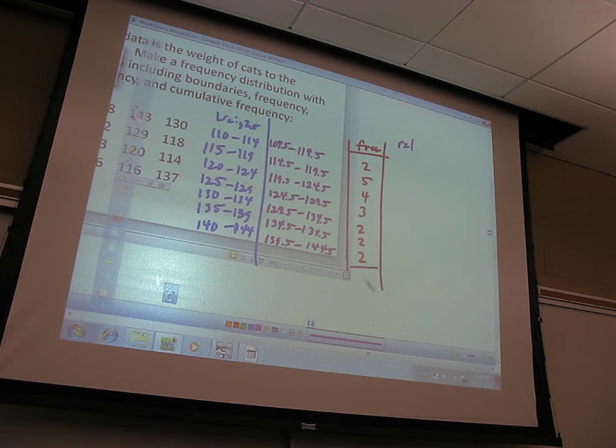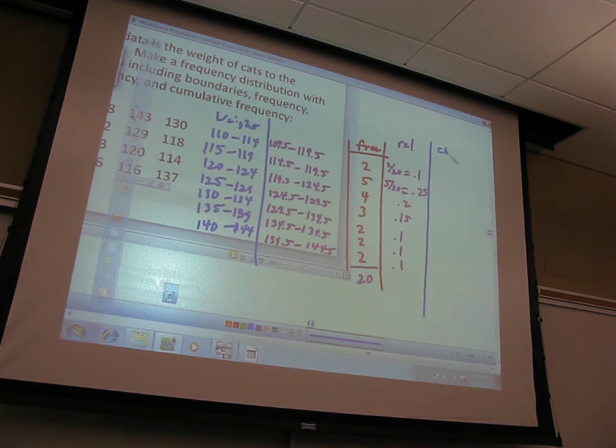So this totals up to 20, was it? So the first one will be 2 out of 20, which is 0.1. 5 out of 20, 0.25, 0.2, 0.15, 0.1, 0.1, 0.1. Yeah? Great.